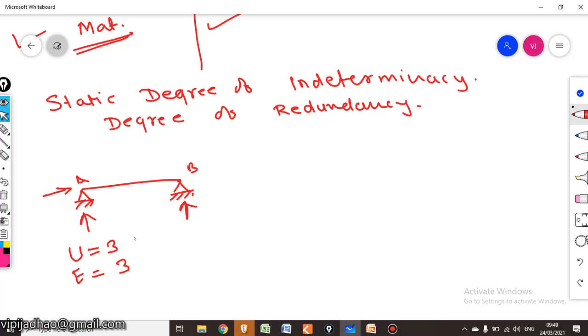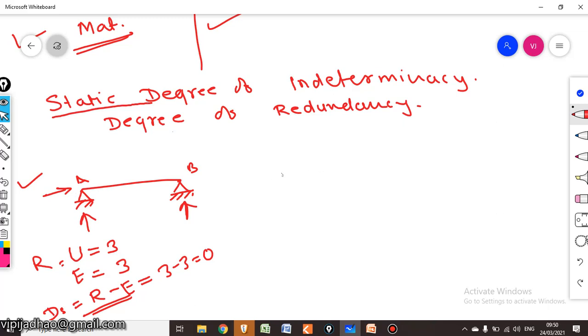Considering the reactions as R and the equations of equilibrium as E, the static degree of indeterminacy is equal to R minus E for beams, which is 3 minus 3, equal to 0. So for this beam, the static degree of indeterminacy is 0. Simply, it is the additional equation of equilibrium required for solving any system.